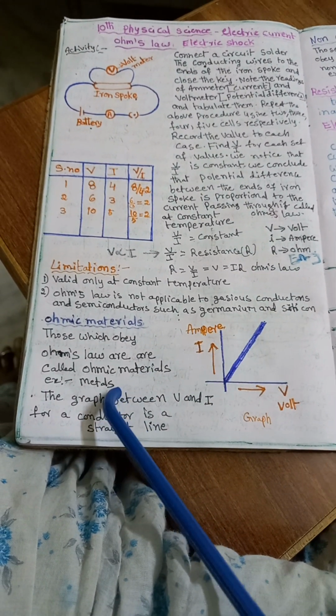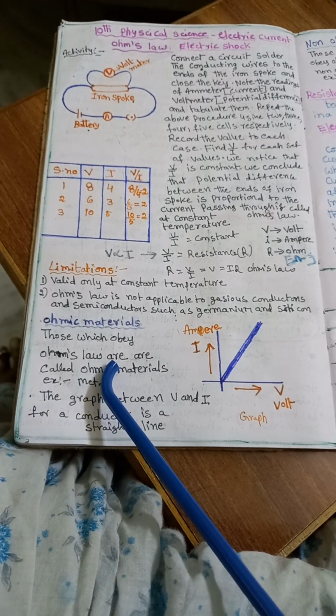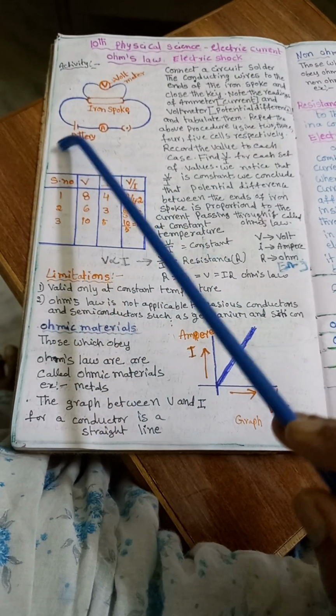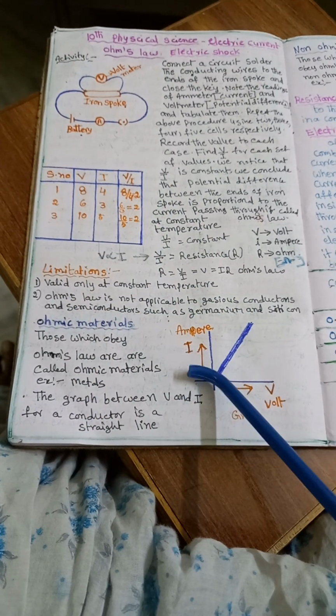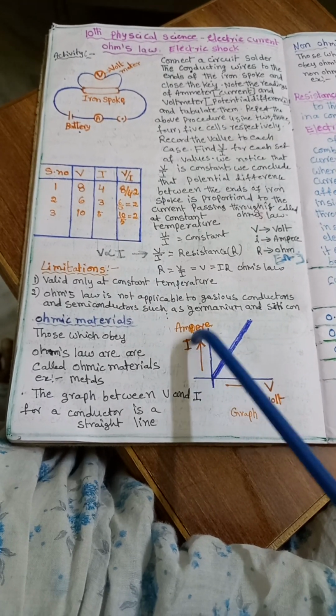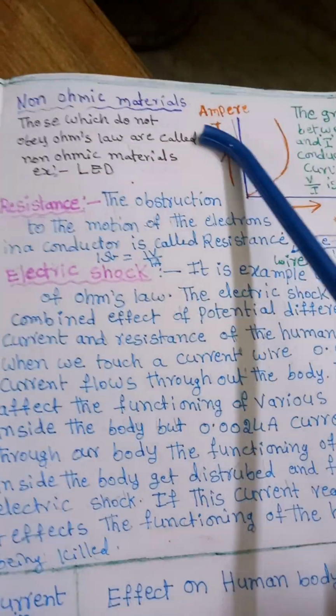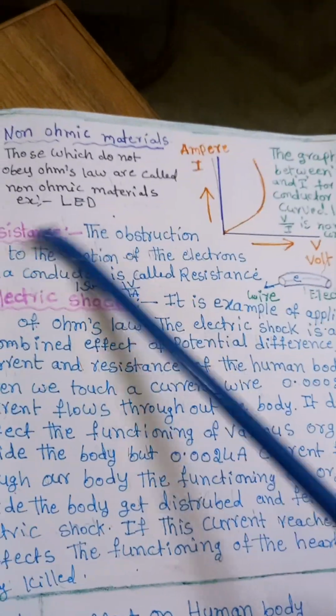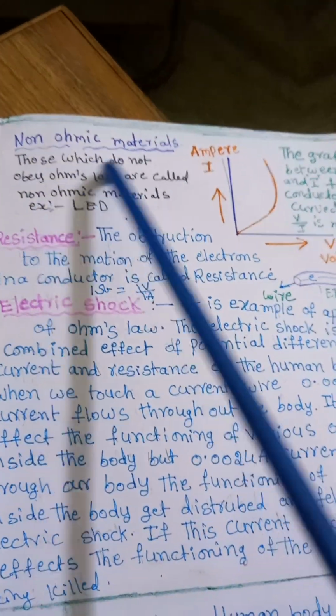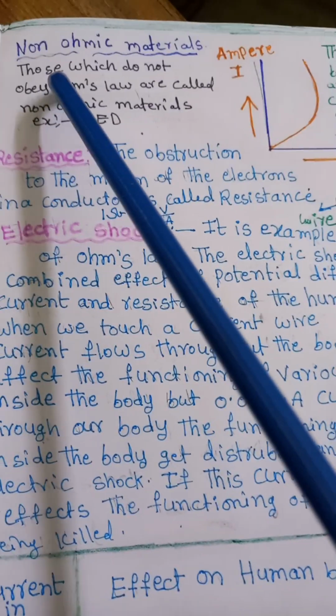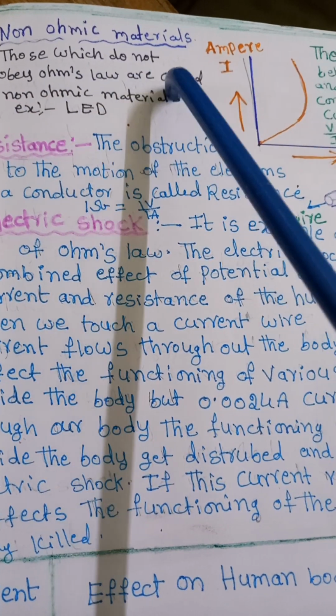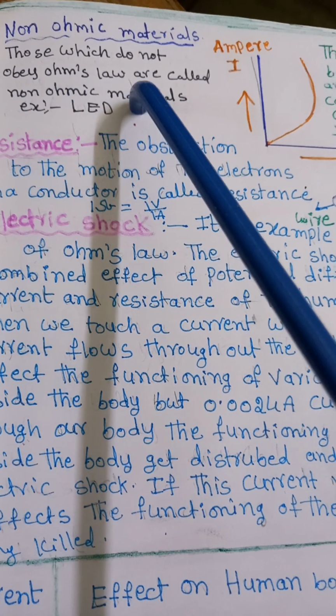So when we take any metal in Ohm's law, we get a straight line between amperes and volts. Next, non-ohmic materials. Non-ohmic materials are those which do not obey Ohm's law.